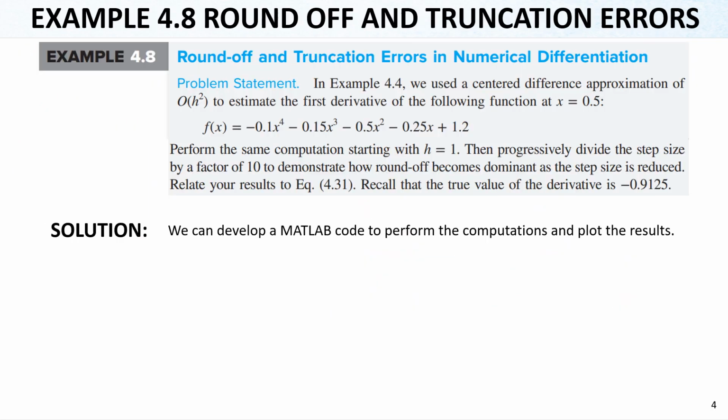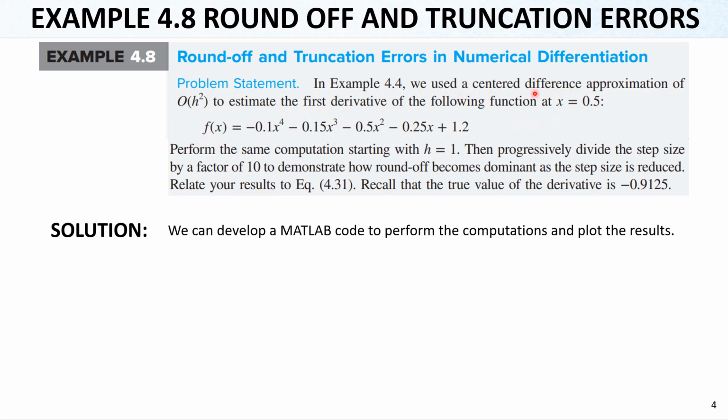In this slide, we will have an example to show the combination of round-off and truncation errors and a demonstration of it with a MATLAB code, actually. So here in example 4.4, we used a centered difference approximation of order h² to estimate the first derivative of the following function. So this is the function.